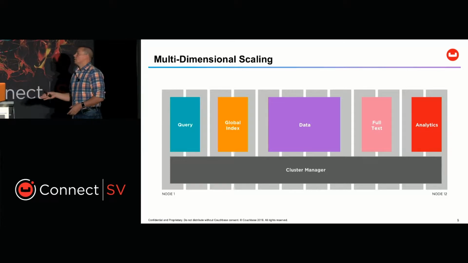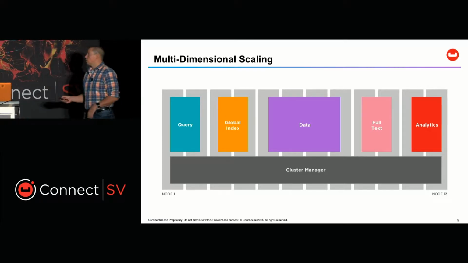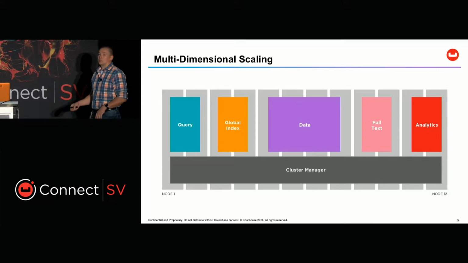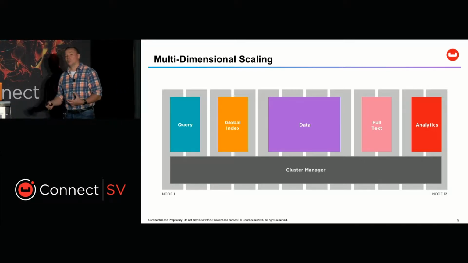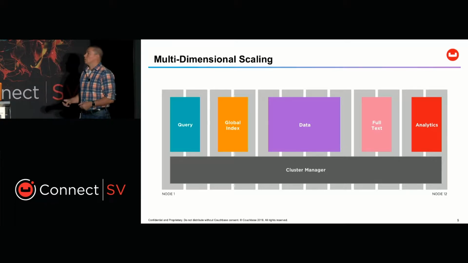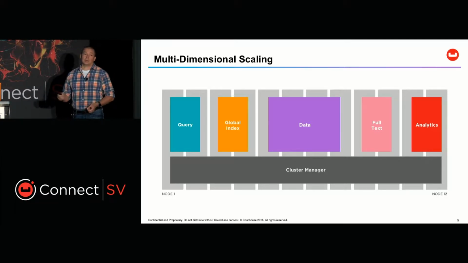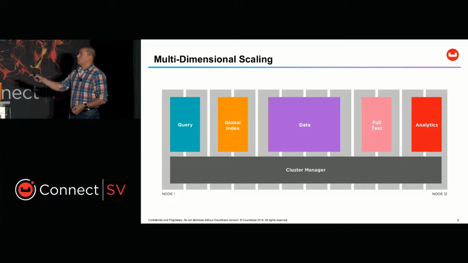On this slide, we see the representation of a 12-node cluster. The way the Couchbase platform evolved is that we started with our data service, which was responsible for key-value operations, memory-first architecture, auto-sharding, all that jazz, including XDCR, the cross-data center replication. That's what we had up until version 4.